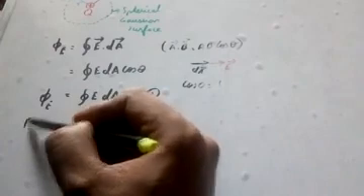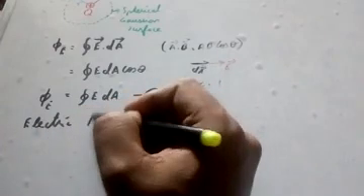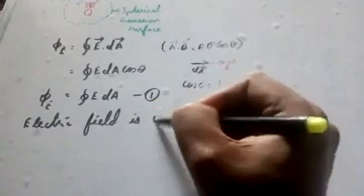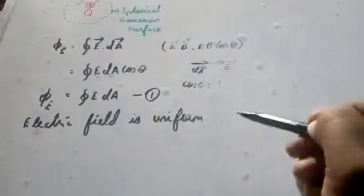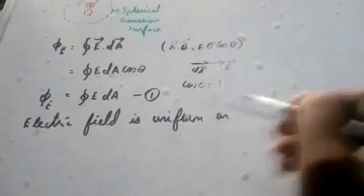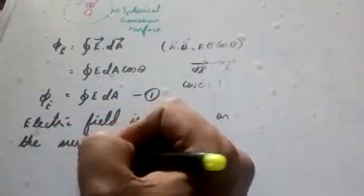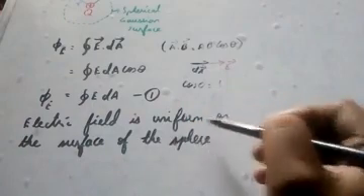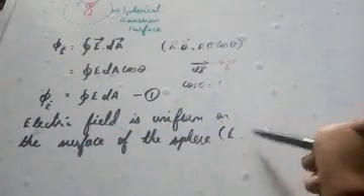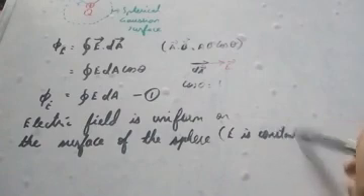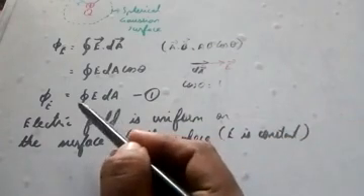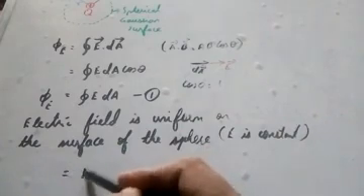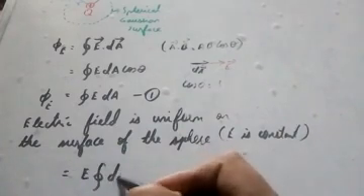Let me write down: the electric field is uniform on the surface of the sphere. Uniform means what? It's a constant. Because the electric field is constant, we can take it out of the integral. So what we have now is E into closed integral of dA.